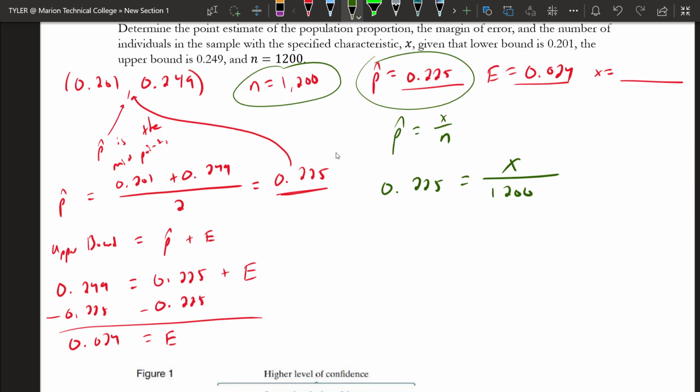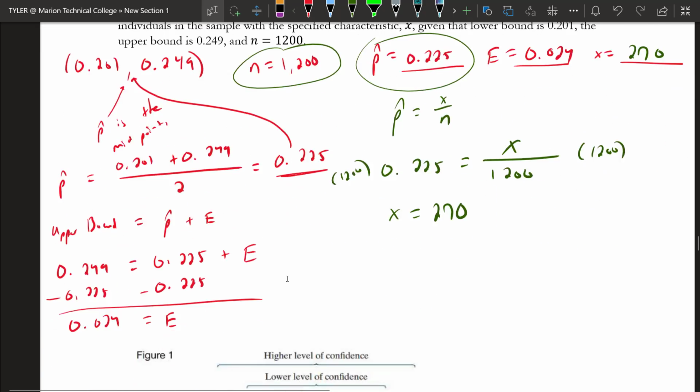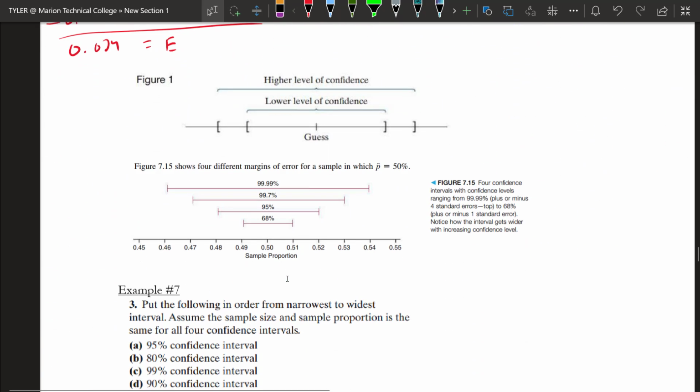And we don't know x, right? So then I can multiply both sides by 1,200. And I get x equals 270. Right, so I was able to find all of those values. So there's just some more practice with margin of error.